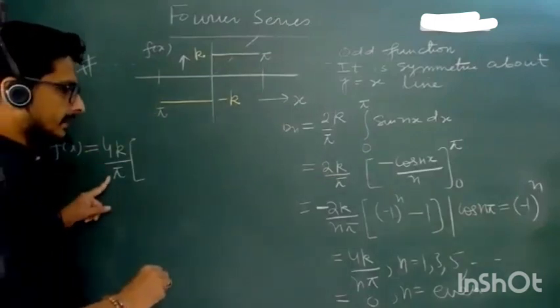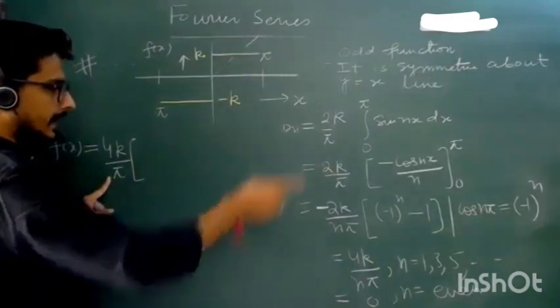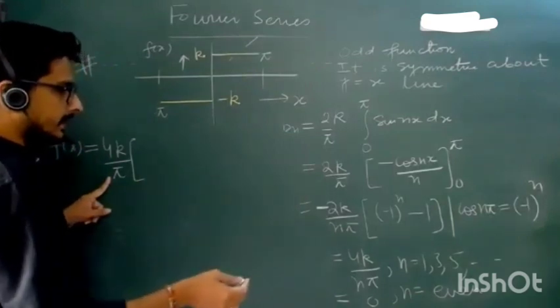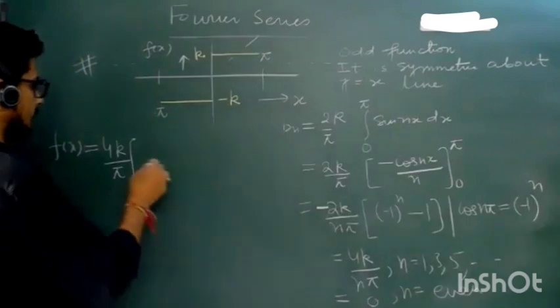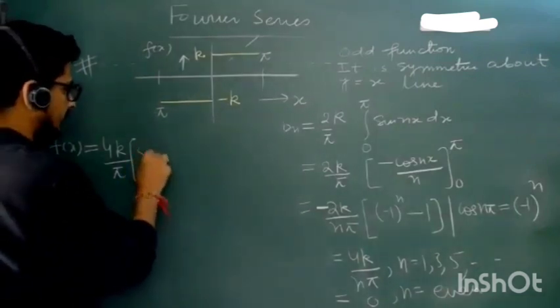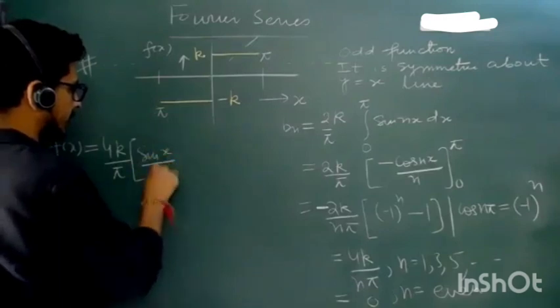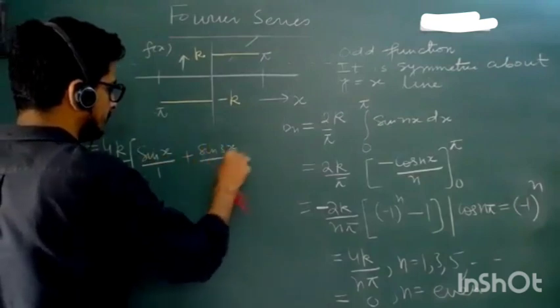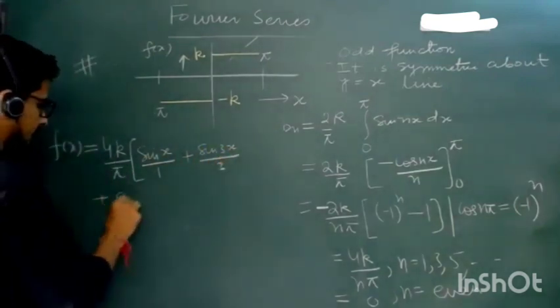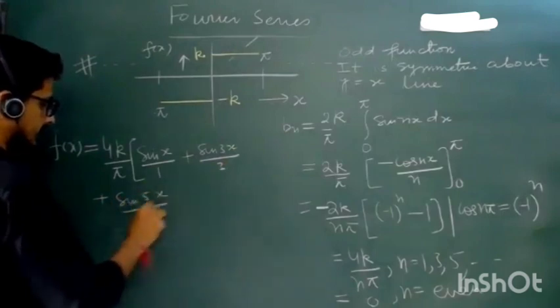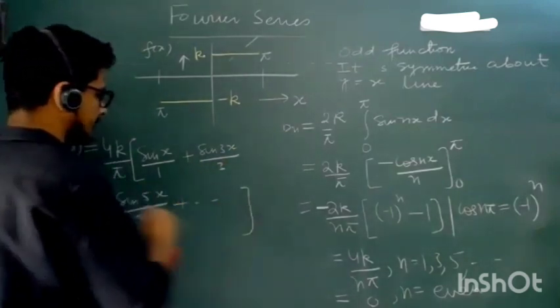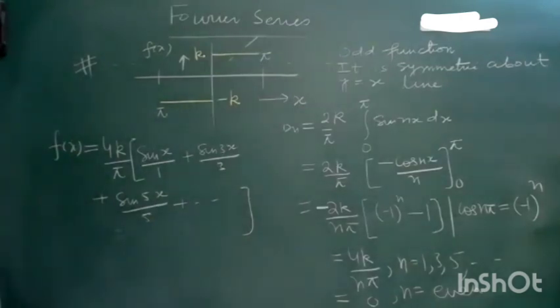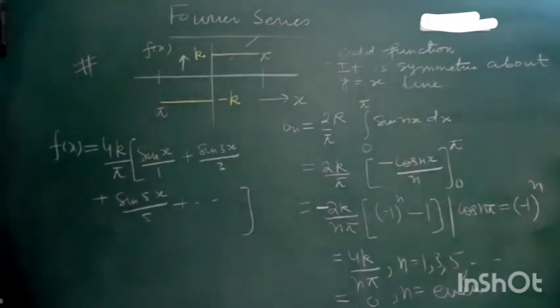So 4k by pi, and inside was sine nx, na? Yes, sir. So that will be sine of x by 1 plus sine of 3x by 3 plus sine of 5x by 5 plus and so on. So this is the Fourier series that we wanted to write.